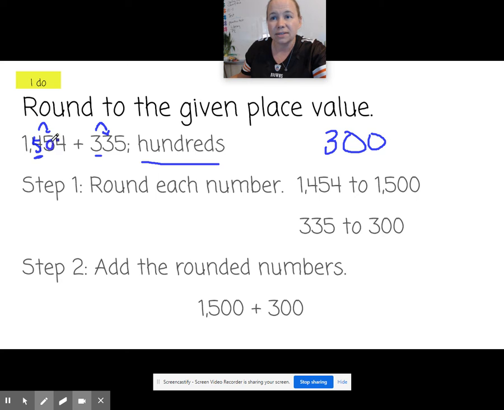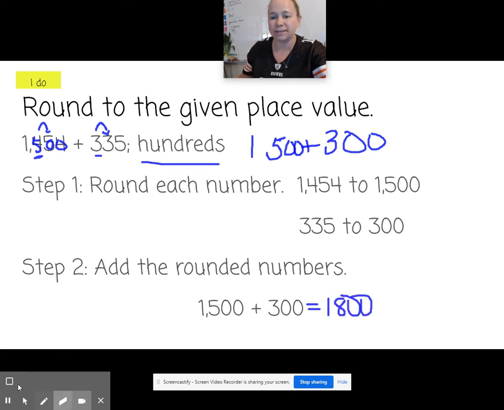And everything else is a 0. So now I have 1,500 plus 300. See, step 1, round each number. Step 2, add the rounded numbers, and we get 1,800. You got it.